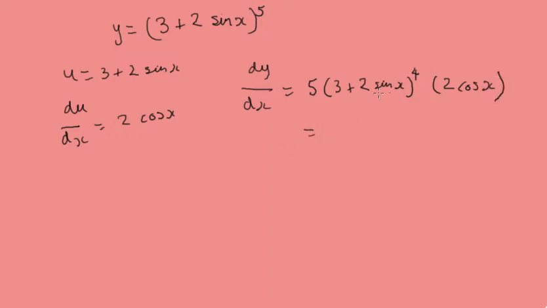So that'll give us 5 times 2 is 10 cosine x, 3 plus 2 sine x to the power 4.